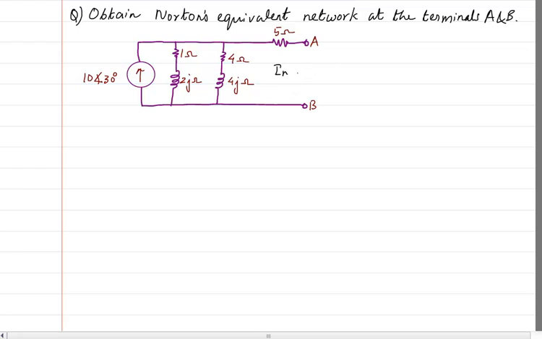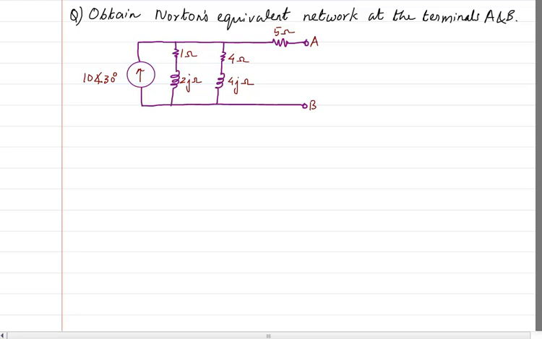But if I short circuit this and try to find this current, I'll have to find three currents using mesh analysis. Even if I use nodal analysis, it is going to become lengthy.